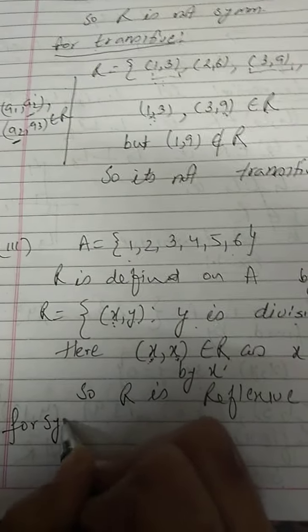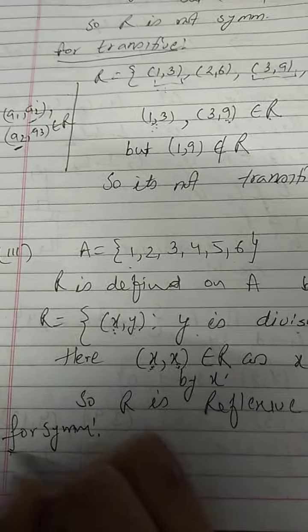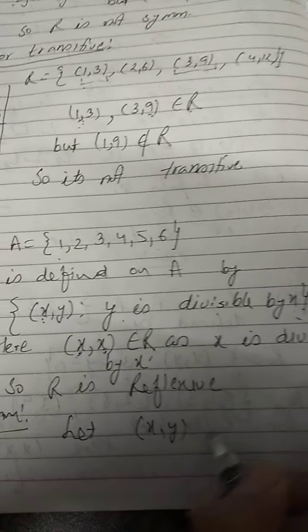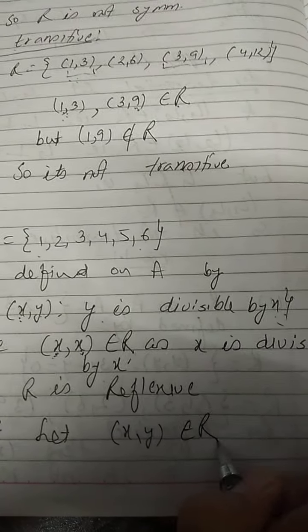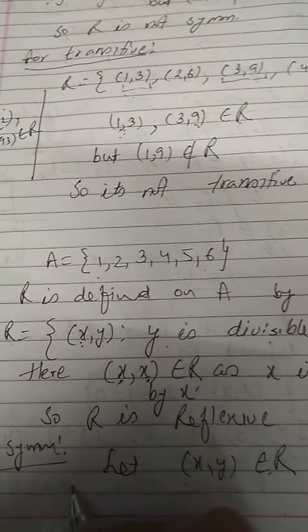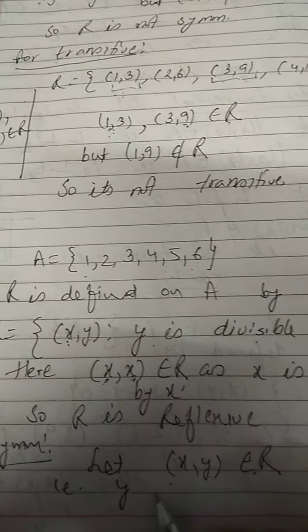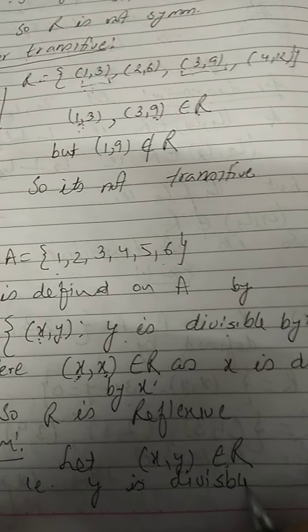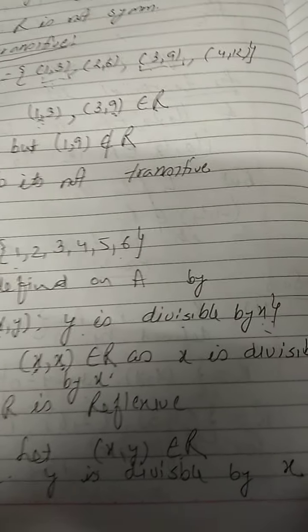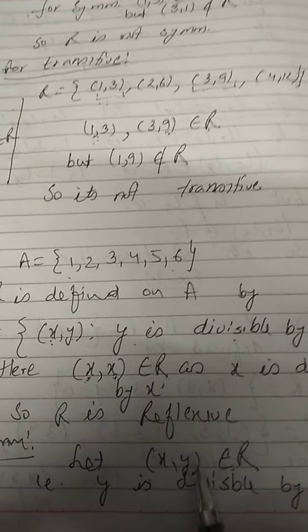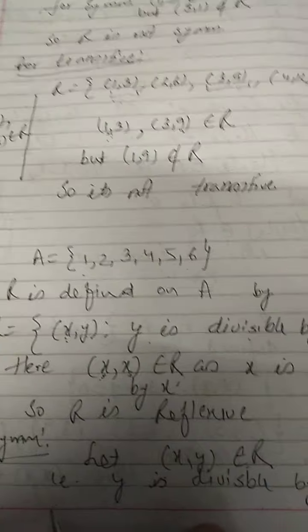For symmetric, we take the ordered pair (x, y) belonging to the relation. If I am writing (x, y) belongs to the relation, what does it mean? It means y is divisible by x, right? If y is divisible by x, is it true that x also will be divisible by y?